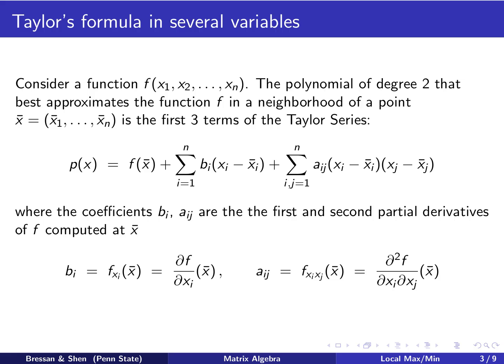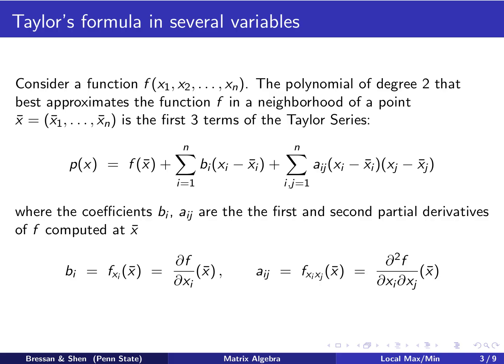Then the polynomial of degree 2 that best approximates the function f in the neighborhood of a point x bar will be exactly the first 3 terms of the Taylor series. So this p here, this is a polynomial of degree 2, would equal to, and this is the Taylor series, so we're taking only the first 3 terms.